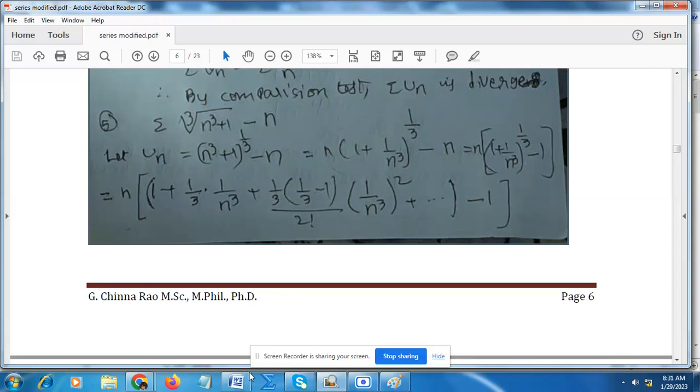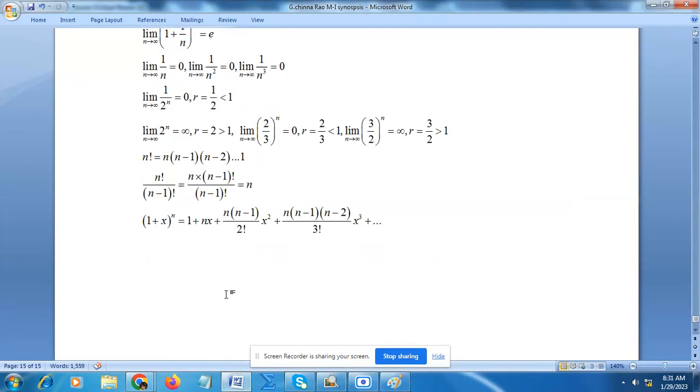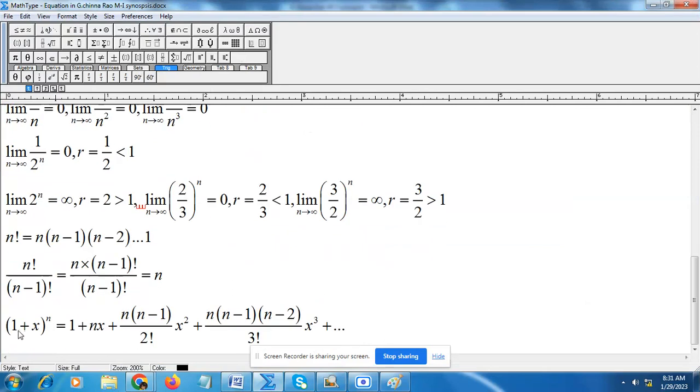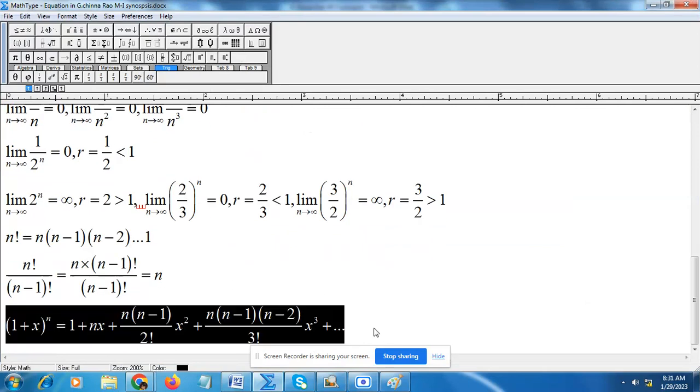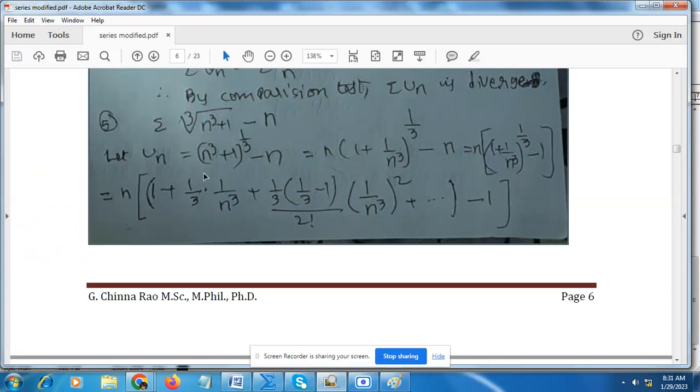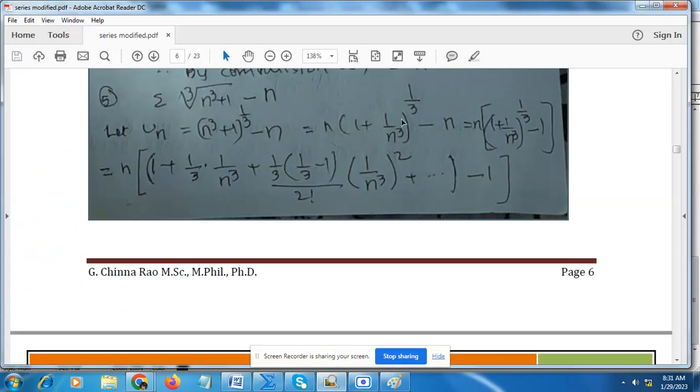Now we have a binomial formula, and here we are using this formula. 1 plus, here x is 1 by n cube, n is 1 by 3. 1 plus nx plus n into n minus 1 by 2 factorial into x square plus so on, minus 1.